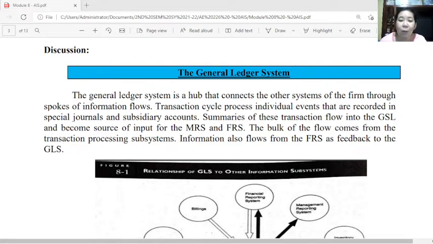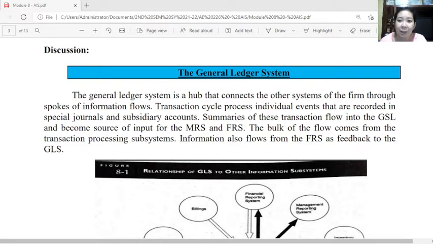We all know that, and you are already familiar with this system flow of the accounting process. We will start with the recording of the economic transactions once they occur.